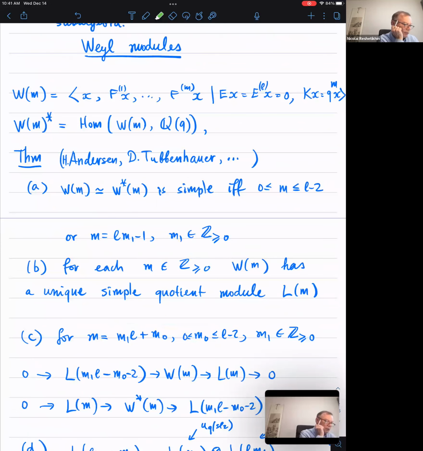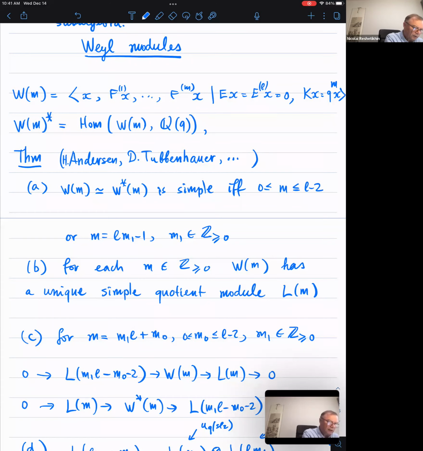So now let's look at representations, and let's consider Weyl modules. These are the representations with, well, I want to call it highest weight, but there is no Z grading, so you cannot say really which one is highest, which one is lowest.